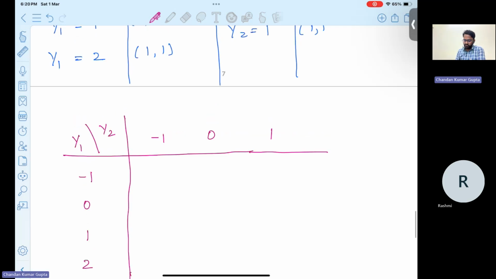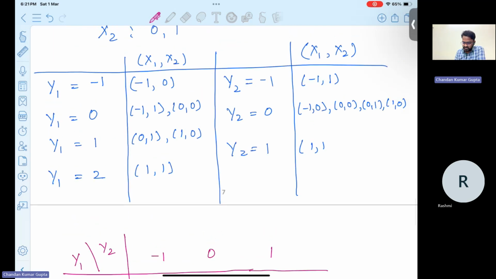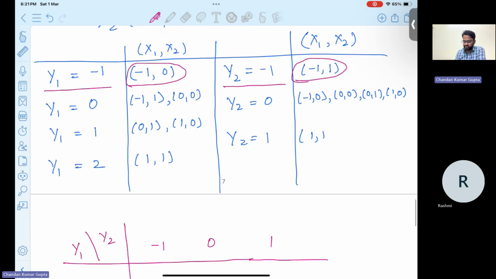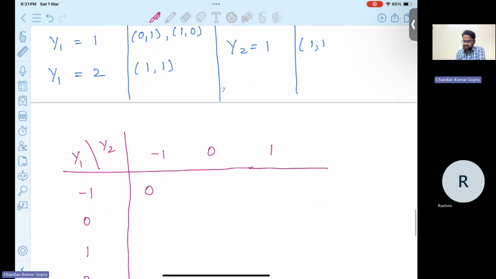Here you see that y1 equal to -1 and y2 equal to -1 comes out to be either this or this. There is nothing common between them. So the probability is 0.